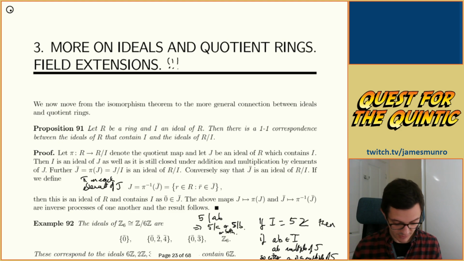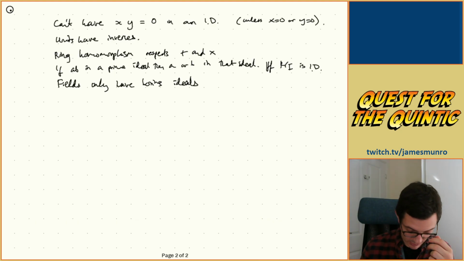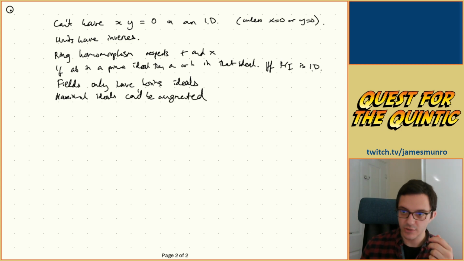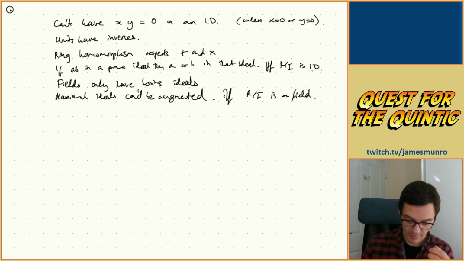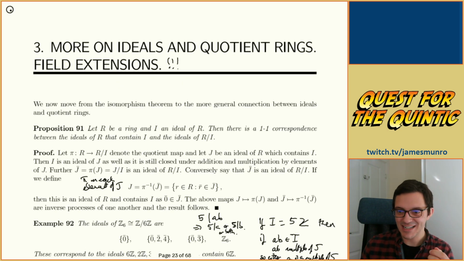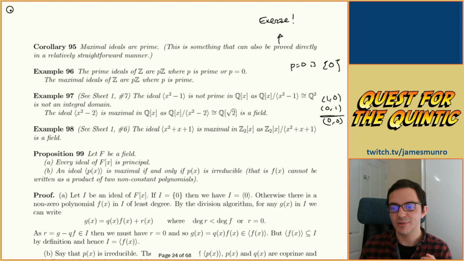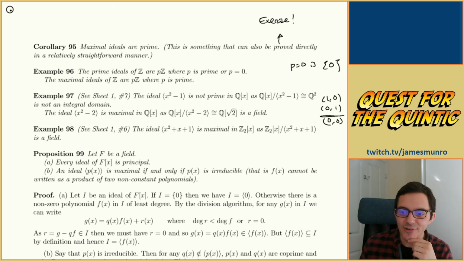Maximal ideals can't be augmented, and that happens if and only if R quotient I is a field. Which way around does that mean? Maximal ideals are prime? Yeah, maximal ideals are prime. It's a snappy statement there, 95.